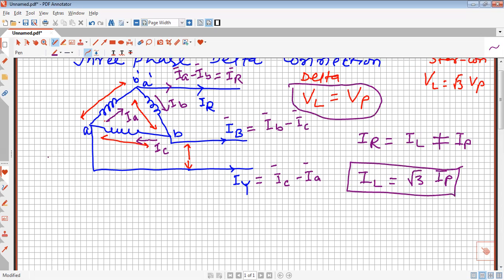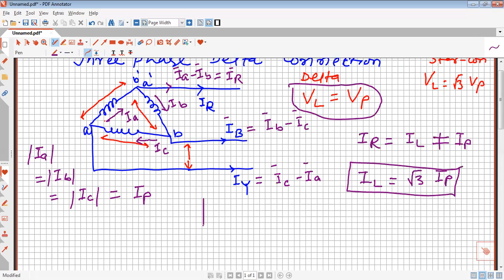Here we can also see every phase has equal magnitude of current. So IA magnitude is equal to IB magnitude, and it is also equal to IC magnitude, and let its value be IP. But these three currents are displaced from each other by 120 degrees.